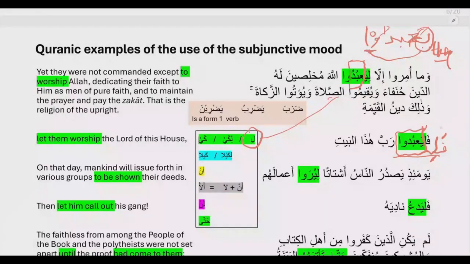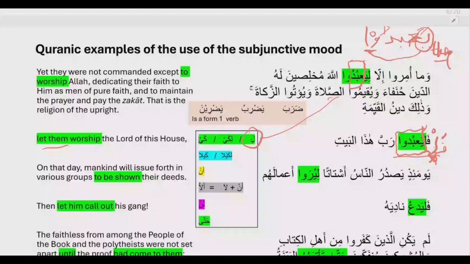So for convenience, they join the fa with the lam and take this kasra out. So you get fal-ya'budu, but it's actually fa li-ya'budu. So this is 'let them worship'. That's how the meaning comes about, and the fa is just like a conjunction, meaning 'then let them'. So here you have fal-ya'budu as another example.